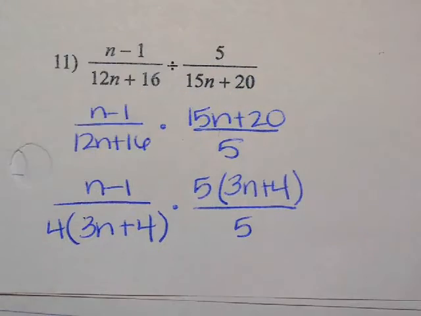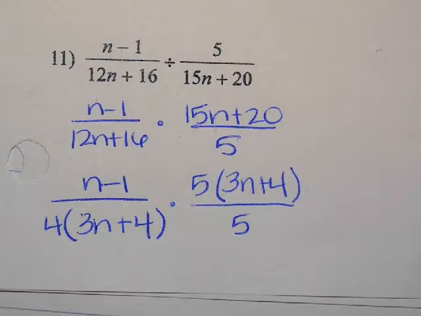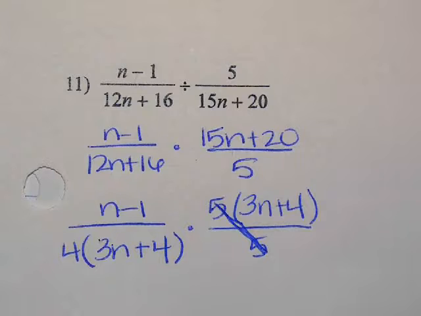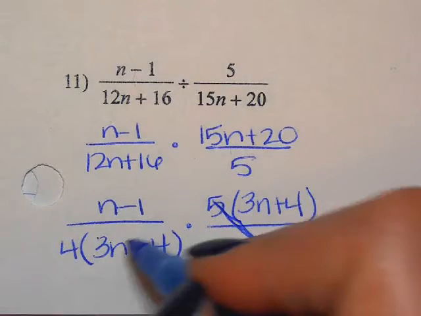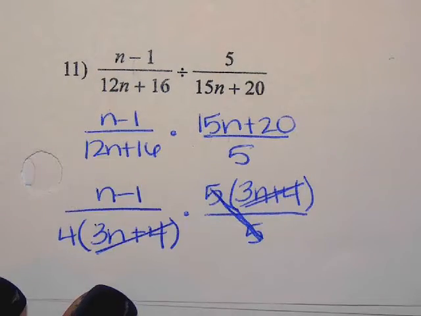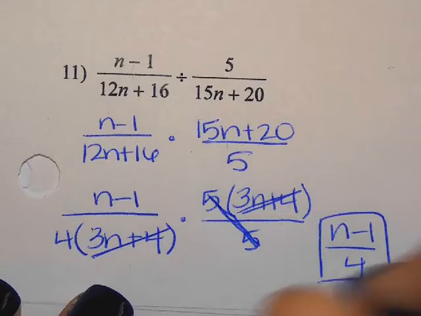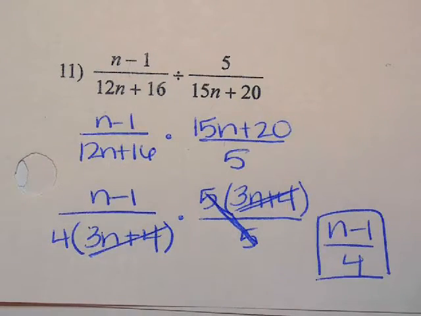Okay. And then what do we see? They do, yep. 5 on top and bottom, those cancel. Cancel, cancel. And we get n minus 1 over 4. We're done.